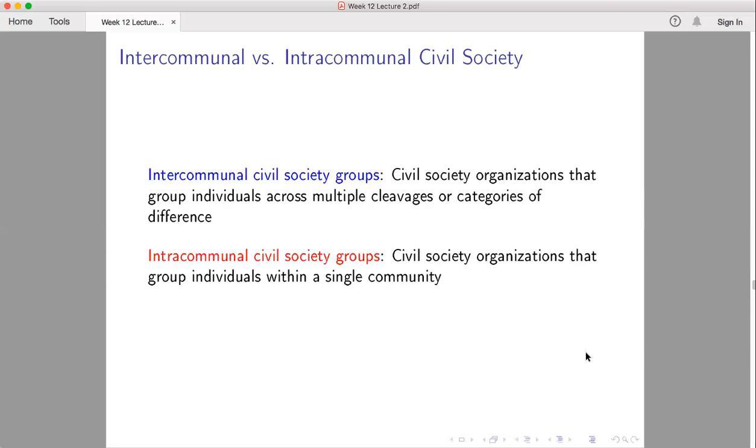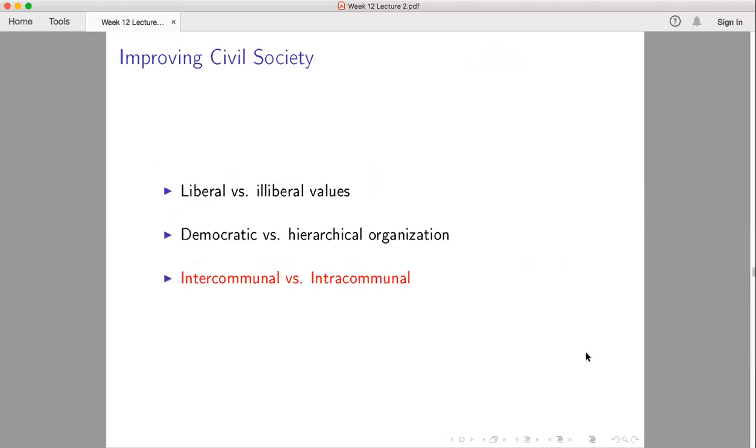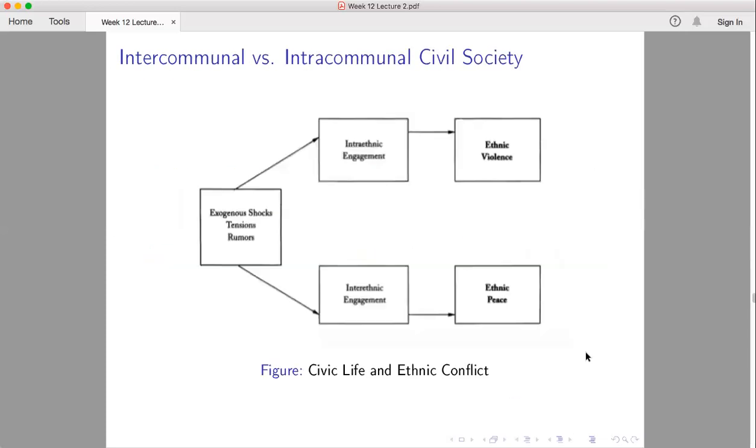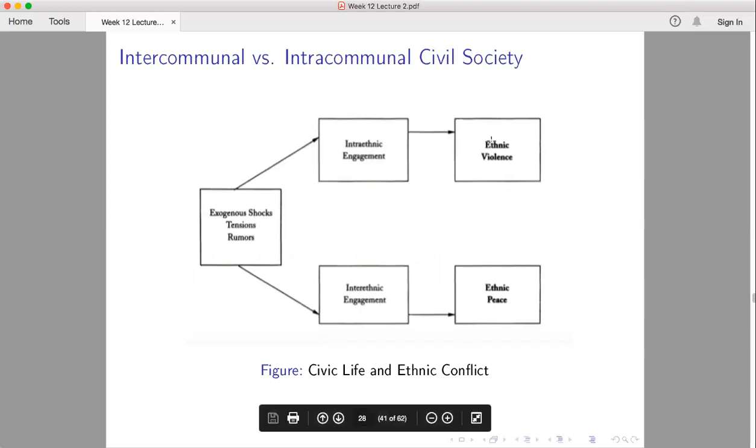And because of this, Varshney suggests that intercommunal civil society groups are the ones that we need to create democracy and ethnic peace, particularly when we live in segmented societies that may be prone to ethnic conflict.